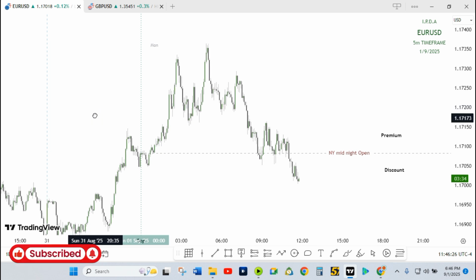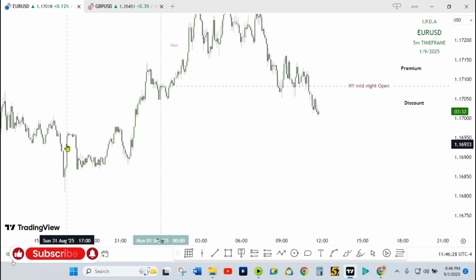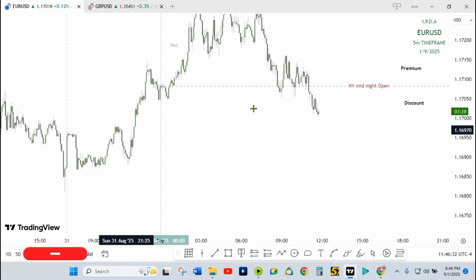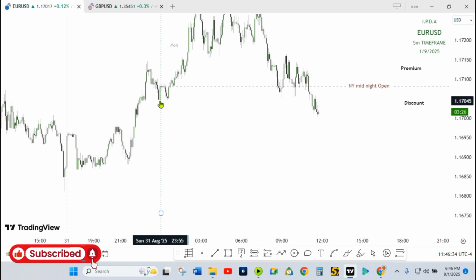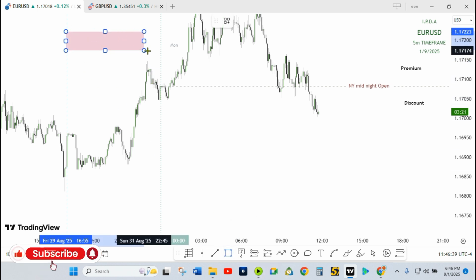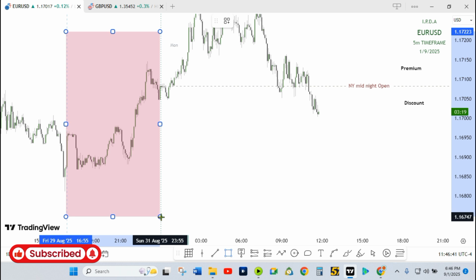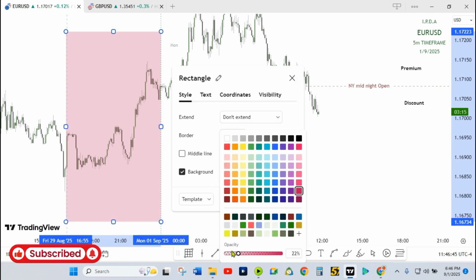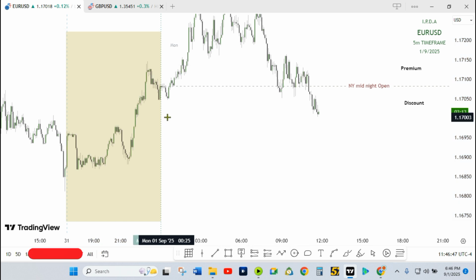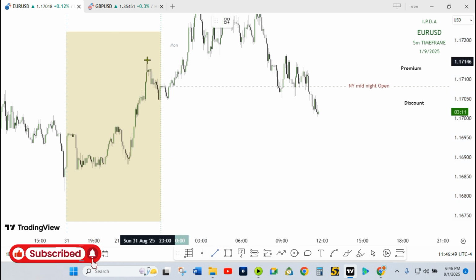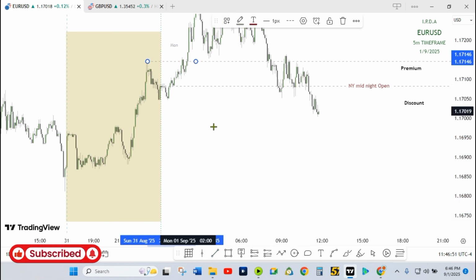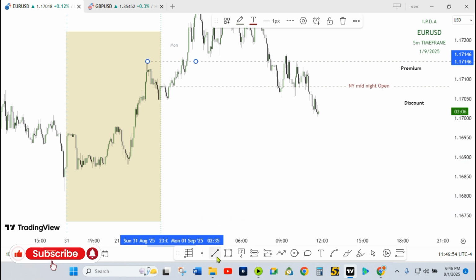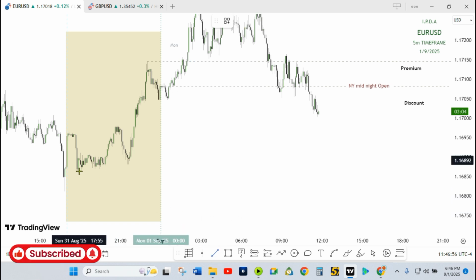The first quarter of the day begins from 17:00 New York time to New York midnight open. The high that forms inside this time window will be my Asian high, and the low that forms inside this segment will be my Asian low.